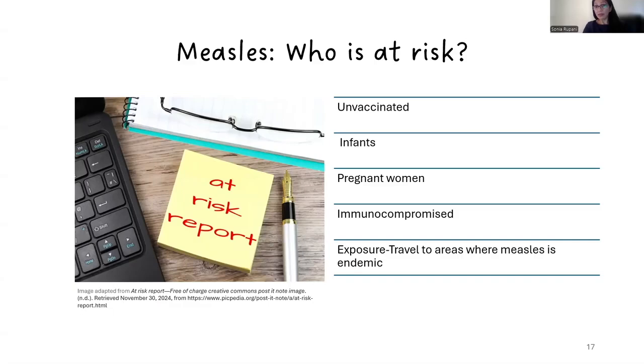Pregnant women and immunocompromised individuals are also at risk: people with HIV, somebody on chemotherapy, somebody taking immunosuppressant medications. All of these individuals are at risk of getting the infection.